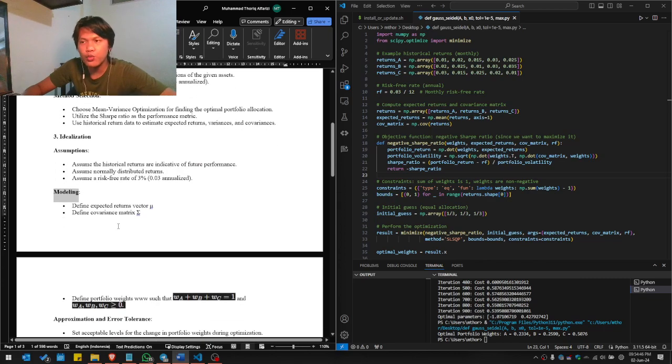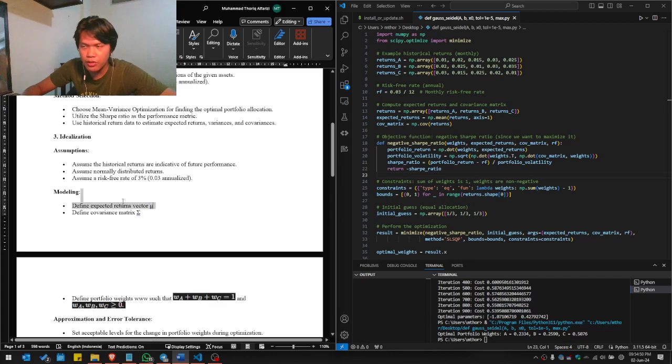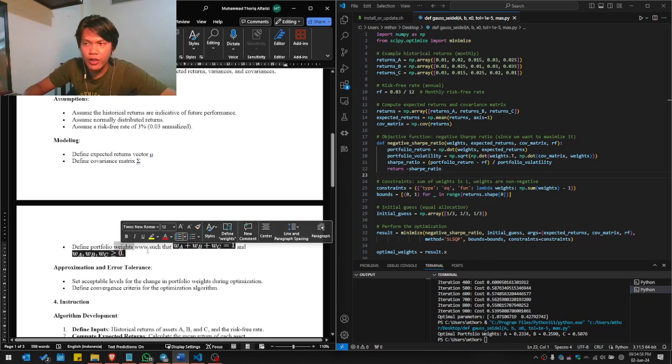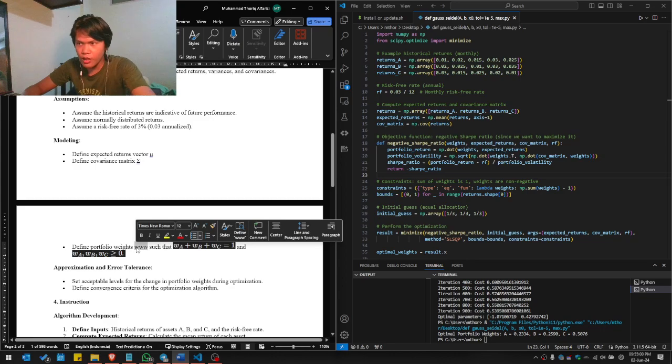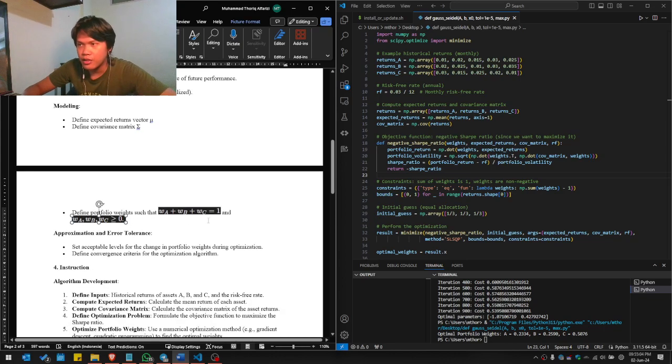And for the modeling, we define the expected returns vector, mu, and we also define the covariance matrix, sigma, and define the portfolio weights, such that they sum to 1 and are greater than or equal to 0.